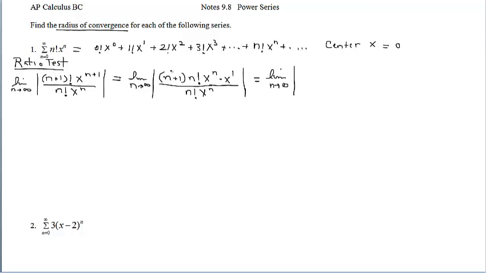A little bit of cleanup here. The n factorials cancel. X raised to the n power cancels. And we're left with quantity n plus 1 times x to the first power, or just x.